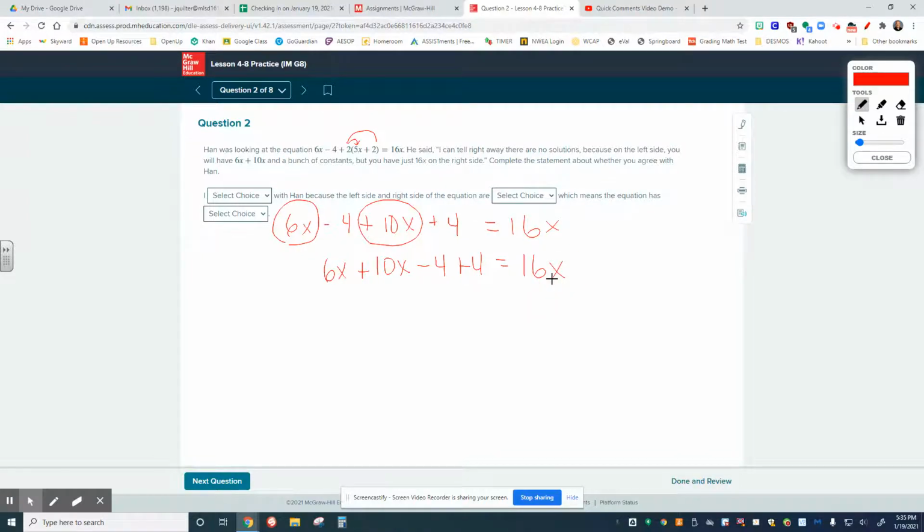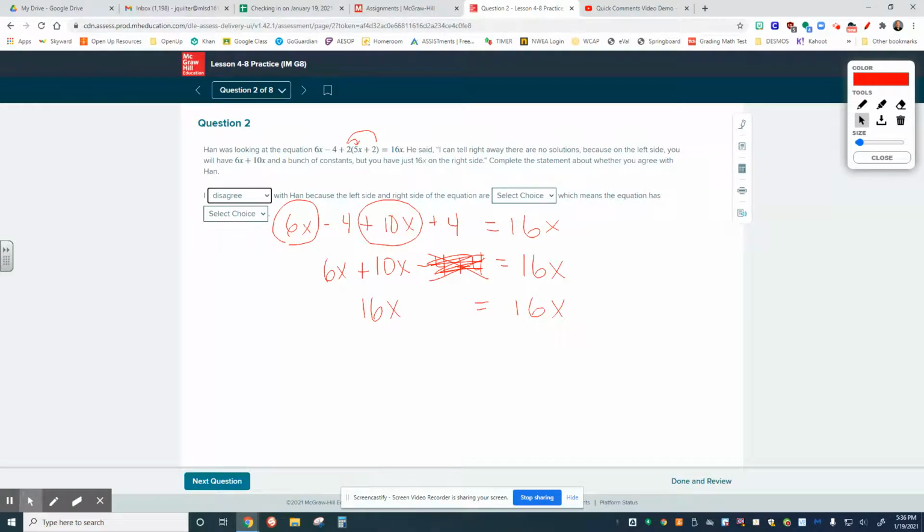And I see a little issue right here. Negative 4 plus 4 is actually a 0 pair. So really what I have is 16 times x is equal to 16 times x, which tells me Han's wrong. I don't agree with Han.